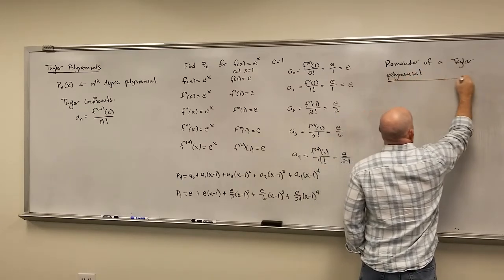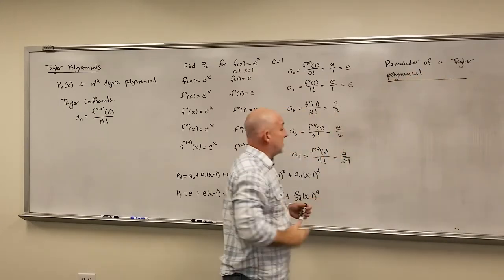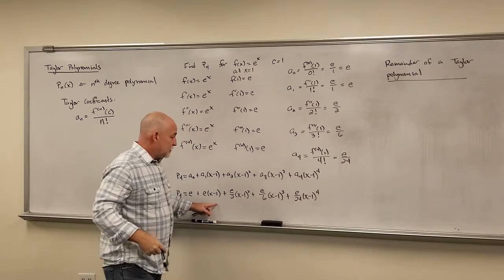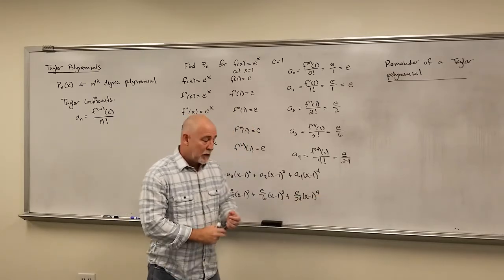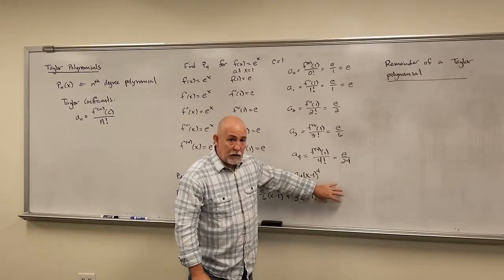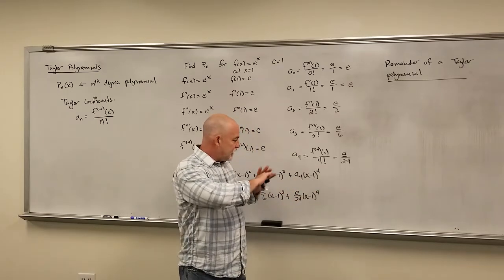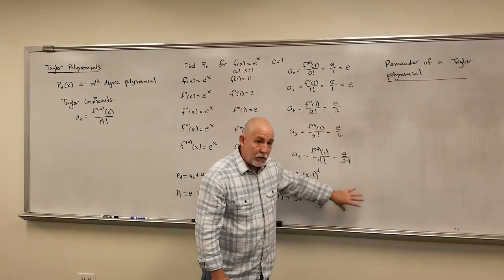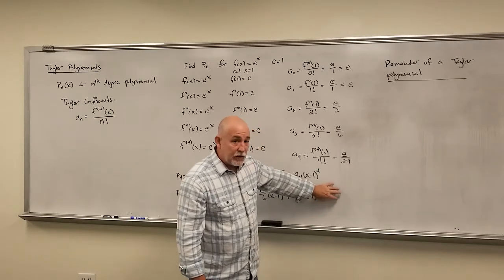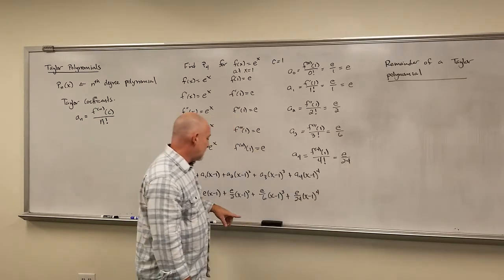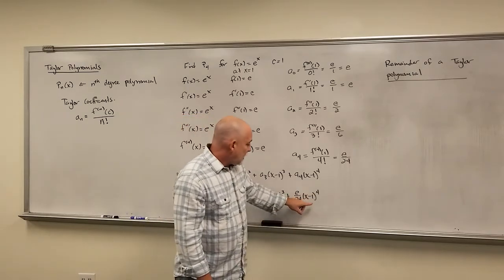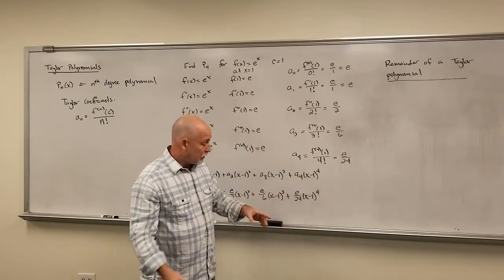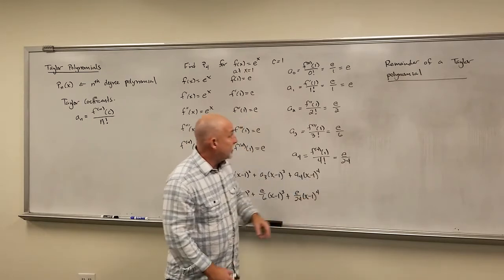To figure out what the remainder of a Taylor polynomial is, what you actually have to do is look at the next term, because the next term is pretty much the guiding source of all the remainders. Because these terms are going up in power, the next term is the one that really dominates, because for this to converge, which we talked about before, the terms have to be getting smaller as we go out.